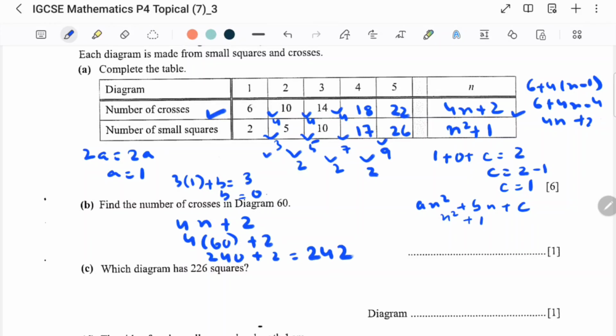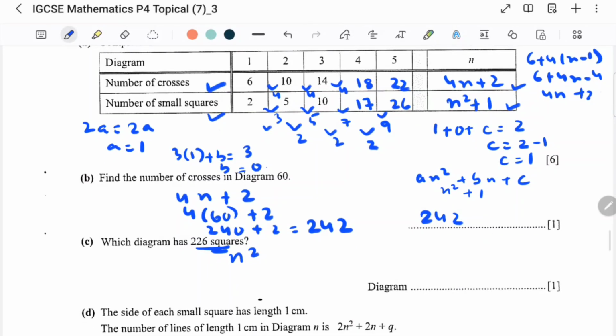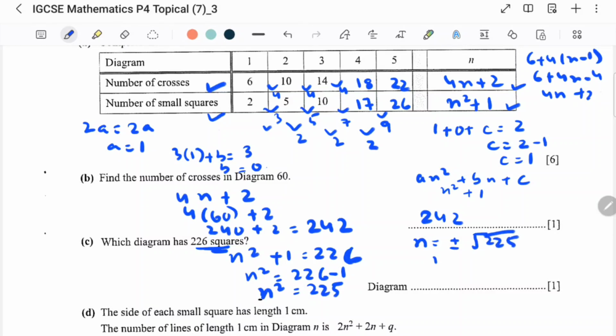If they ask which diagram has 226 squares, with n square plus 1, they're not giving you the value of n, they're asking you the value of n. 226, n square is 226 minus 1, n square is 225, and we know that n is plus or minus the square root of 225, which is 15, and the positive answer is 15.